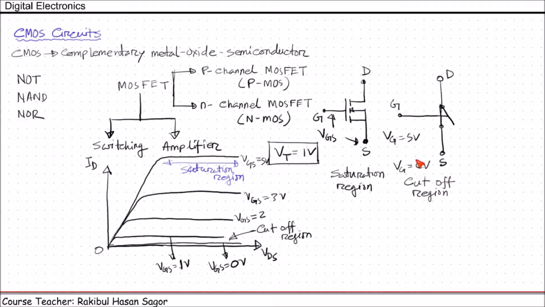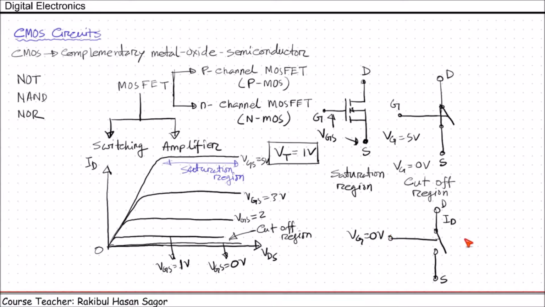And when the switch is off, suppose we are providing VG equal to 0 volt, which is much less than the threshold voltage, so it will stay in cutoff region. So ID equals 0. ID equals 0 means the current from drain to source will be 0, and it happens when drain and source are not shorted or connected, and this happens when we are providing VG equal to 0 volt.